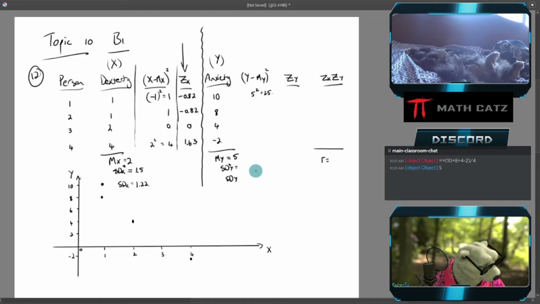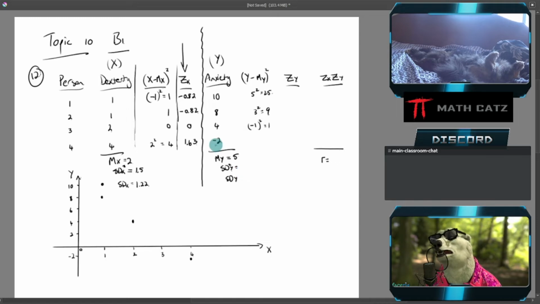Next one would be 8 minus 5, which is 3. Square that for a 9. 4 minus 5 will be a negative 1. Square that for a 1. Last one, negative 2 for y, minus 5 will be negative 7. Square that for a 49.